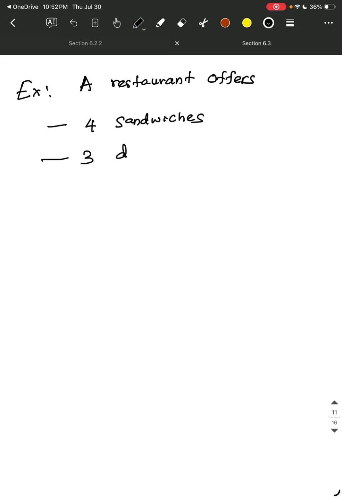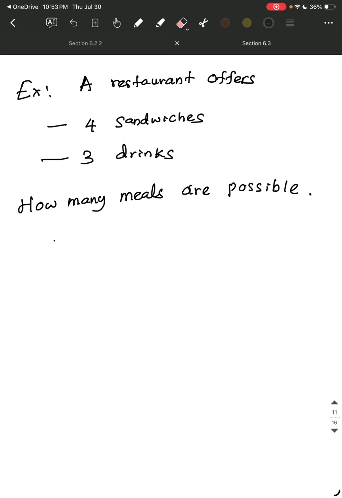How many meals are possible? The meal has 2 choices, 1 sandwich and 1 drink. Therefore, 4 times 3, 12. There are 12 possible meal combinations.